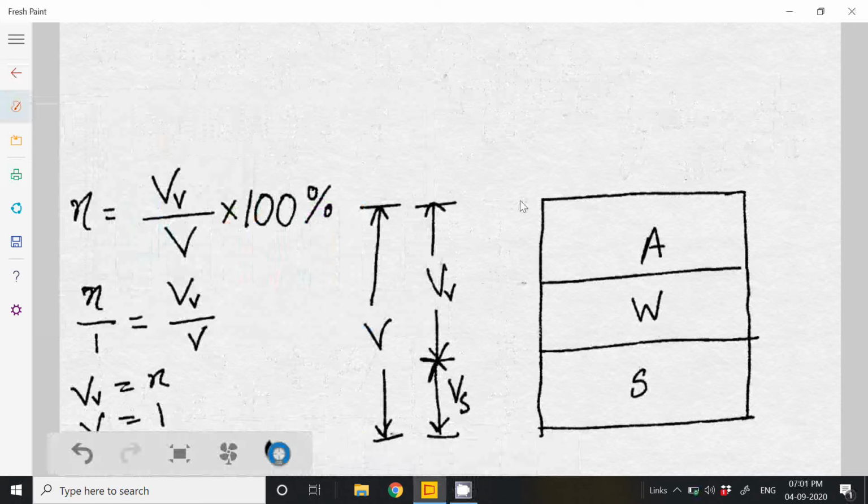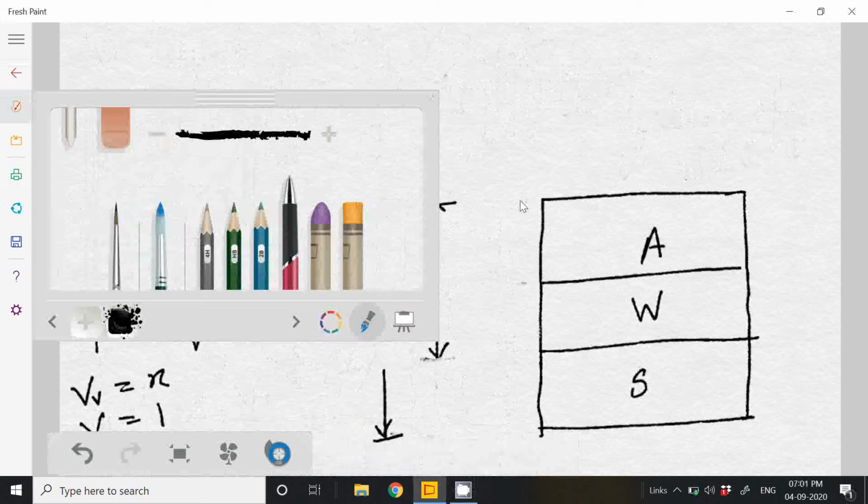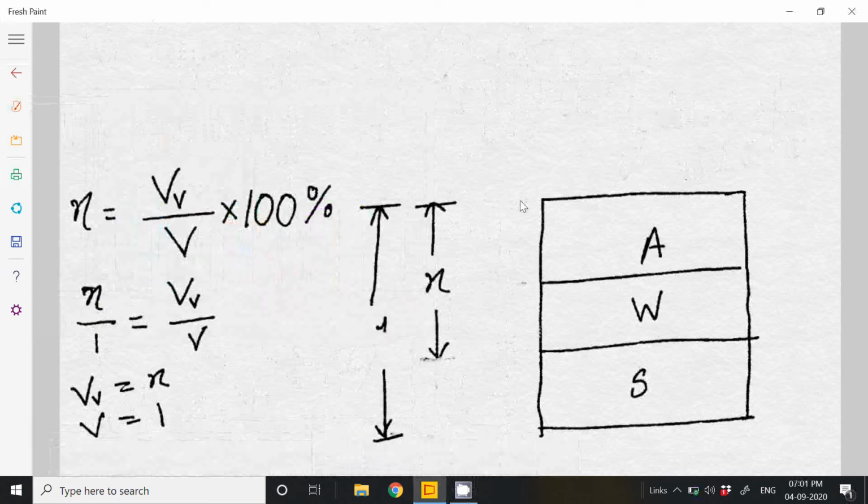So if I modify it now, isn't it? So in this case, n cannot be greater than 1.